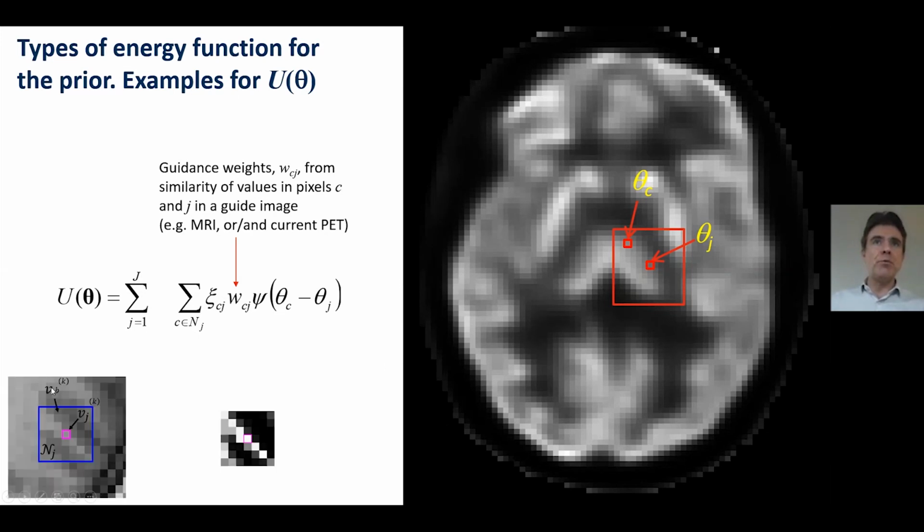Okay, so again, we've got a nice patch here from an MR image. We can generate a similarity map of the grayscale values in a T1 weighted image and use that to say, well, yep, I want to apply this energy function. In other words, we want pixel values to be the same. We will allow that to be the case across regions in the MR that are comparable.